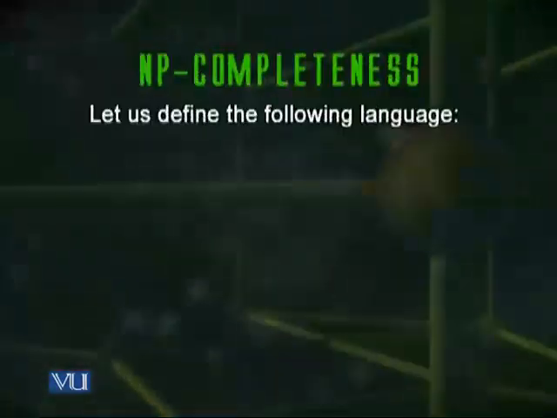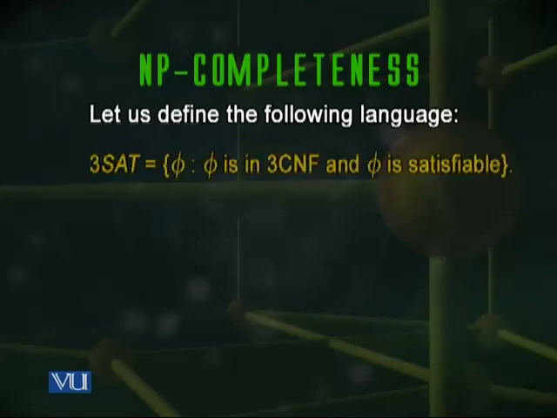Once we understand what 3CNF formulas are, we can define our language 3SAT. So let us define the following language formally. 3SAT is the set of all encodings of formula phi, so that phi is in 3CNF and phi is satisfiable. So 3SAT seems on the surface to be an easier computational problem than satisfiability.